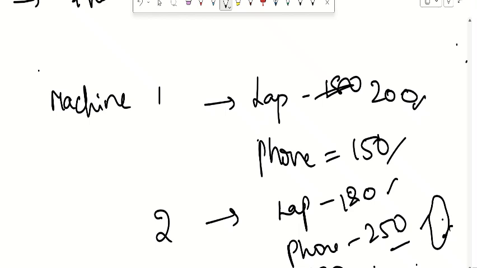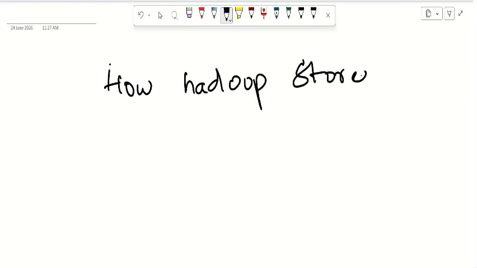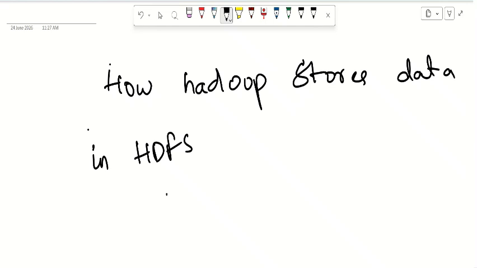Hadoop stores all this information in HDFS, the Hadoop Distributed File System, and processes it to get answers. Suppose we have a file of 600 MB.